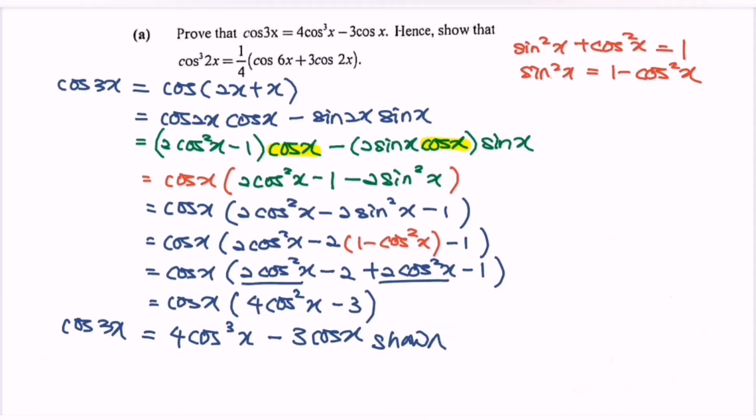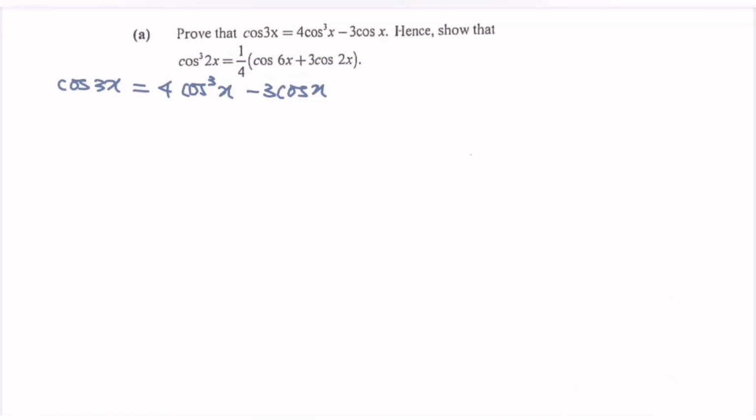Hence, show that we have cos cube 2x, which is equal to the expression given. Next, we have cos 3x, which is equal to 4 cos cube x minus 3 cos x. Notice that if the angle is doubled, we will have cos 6x equals 4 cos cube 2x minus 3 cos 2x.